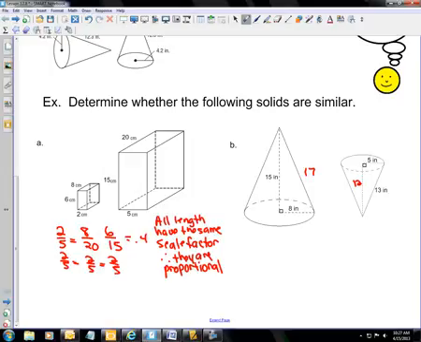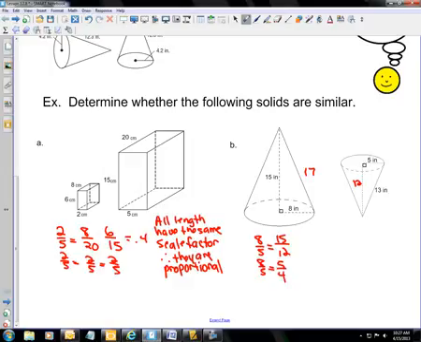So, even if I just compared radius to radius, 8 is to 5, and then height to height, 15 is to 12. Is that going to work? It's not going to work. I could cross multiply or I could reduce. This one can't be reduced, but if I reduce this one, it ends up being 5/4.